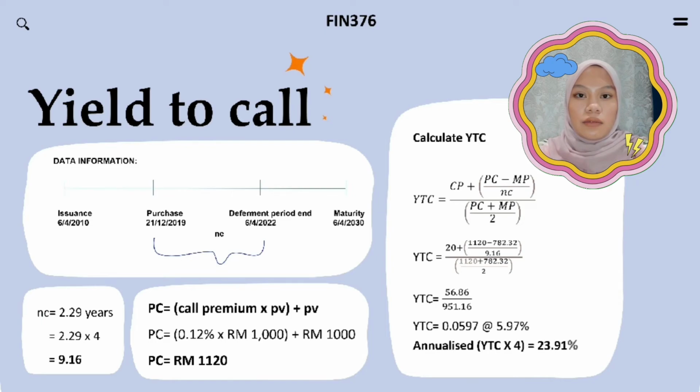Lastly, after finding all the components needed to calculate YTC, this is the right time to key into the formula given. YTC equals CP plus open bracket PC minus MP divided by NC close bracket, divided by open bracket PC plus MP divided by 2 close bracket.